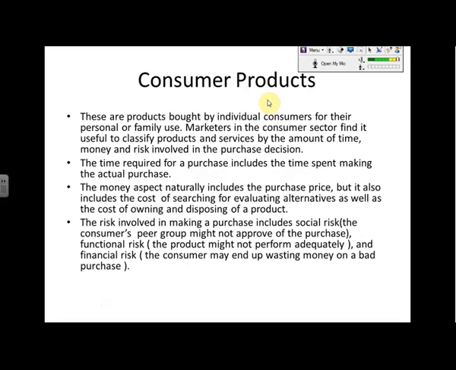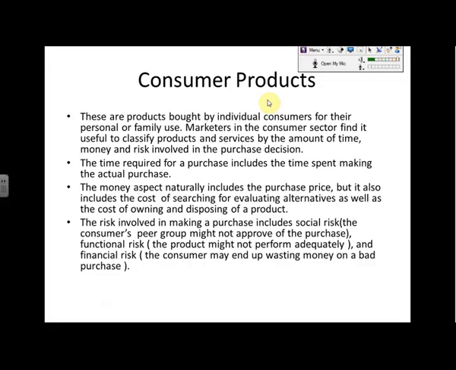The time required for a purchase includes time spent making the actual purchase. The money spent naturally includes the purchase price, but it also includes the cost of searching or evaluating alternatives, as well as the cost of owning and disposing of the product.